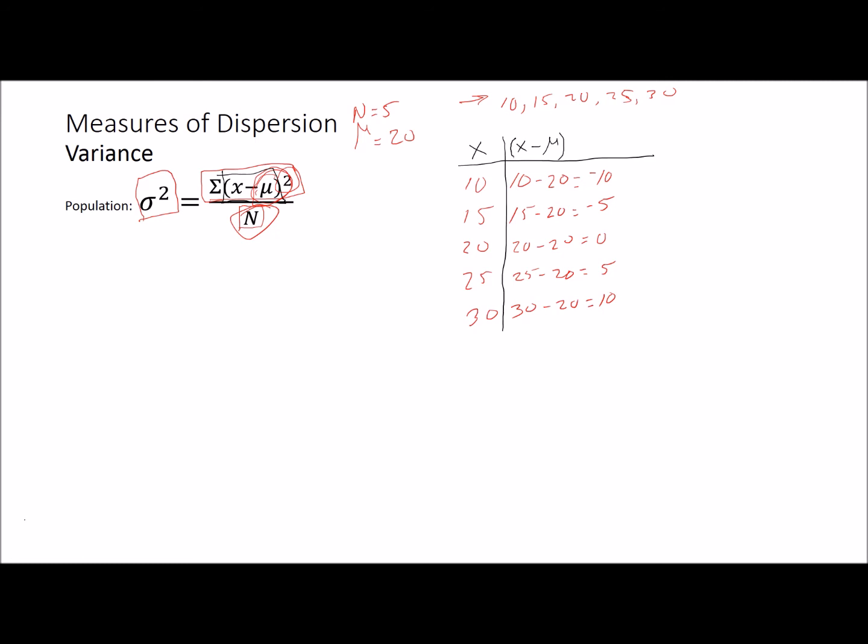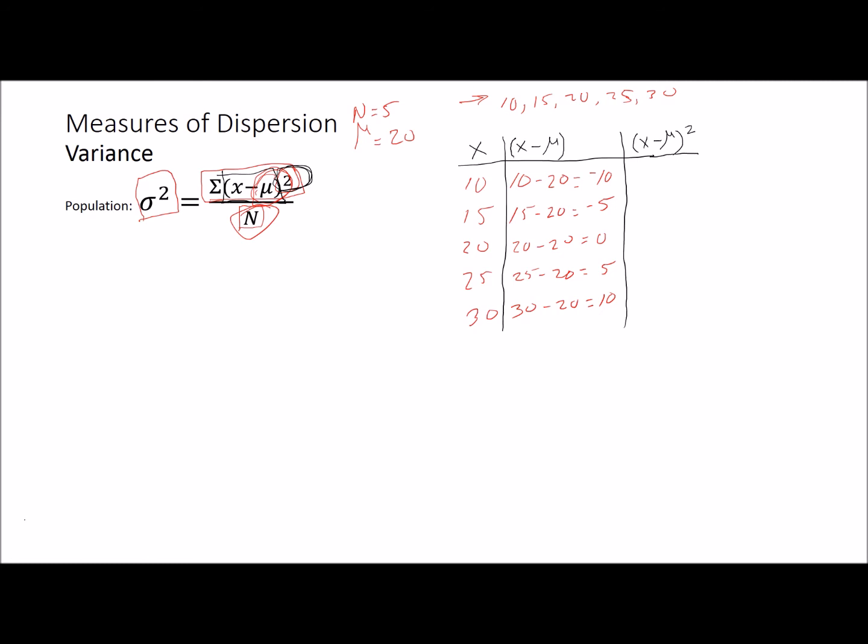Now as we look at the formula here, these things have to get squared next. So let's set up our third column. In the third column, this will be x minus mu squared. This is where the squaring of it enters into this.